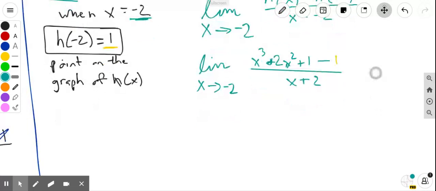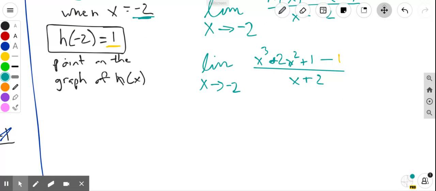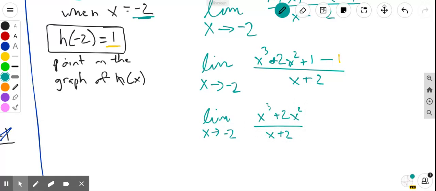This way you can see we're going to end up with the limit as x approaches negative 2 of x cubed plus 2x squared over x plus 2, which we can factor into x squared times x plus 2, over x plus 2. That allows us to cancel them out.